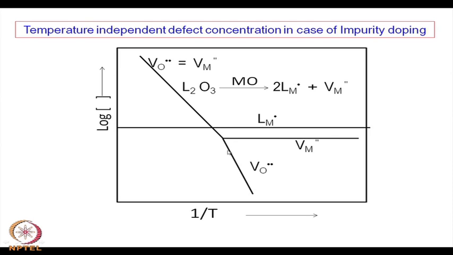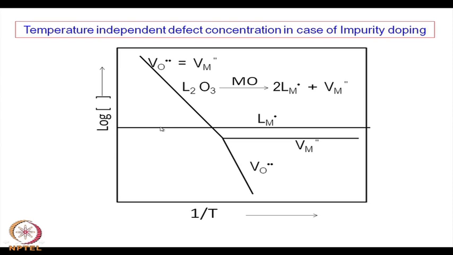However, the oxygen vacancy concentration at a lower temperature is much lower than the impurity concentration, but at a higher temperature it takes over, and therefore the intrinsic defect concentration predominates over the impurity concentration. So, impurity concentration remains constant over the temperature range. At lower temperature it predominates, whereas at higher temperature intrinsic conductivity comes in.